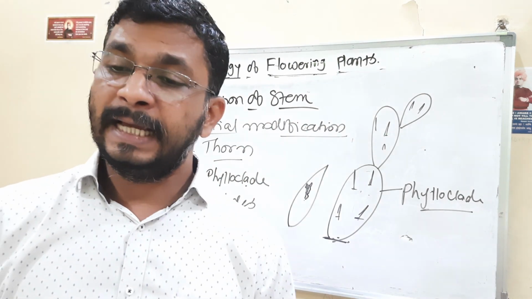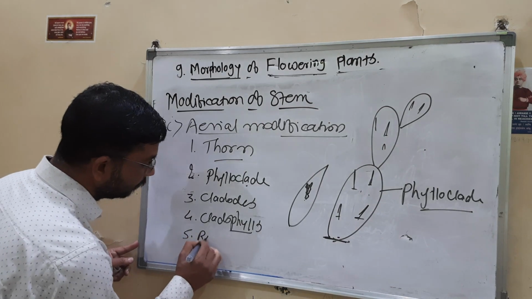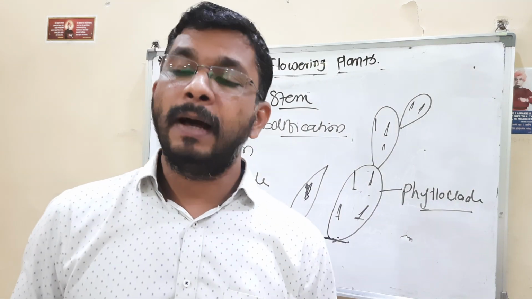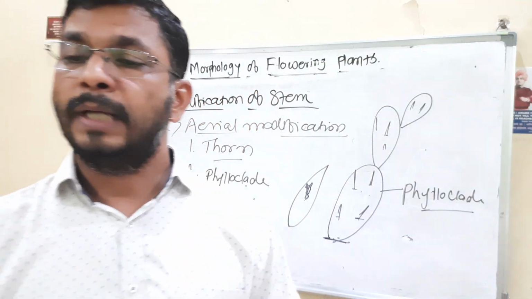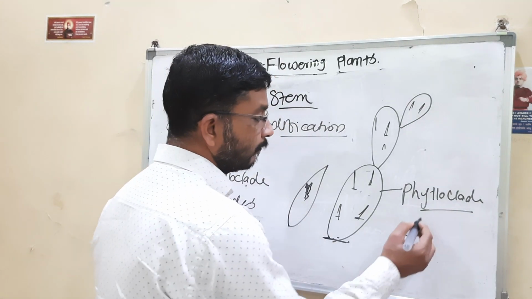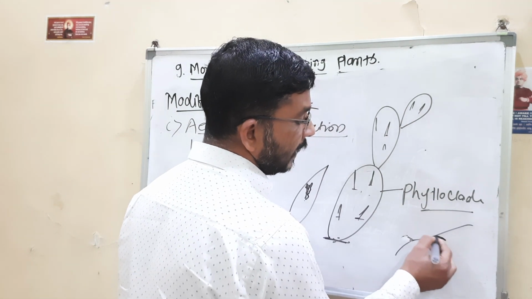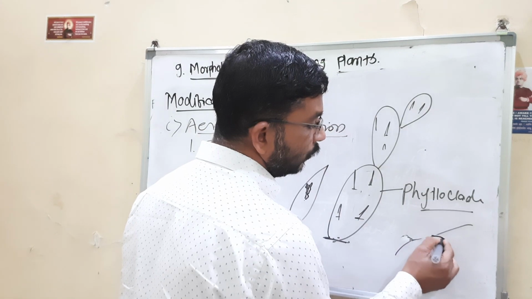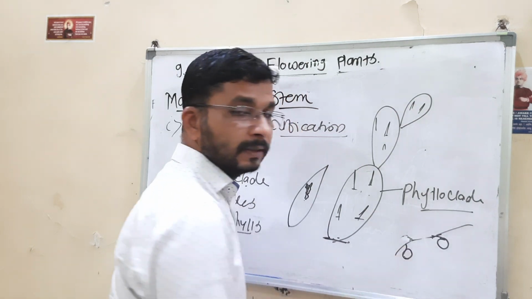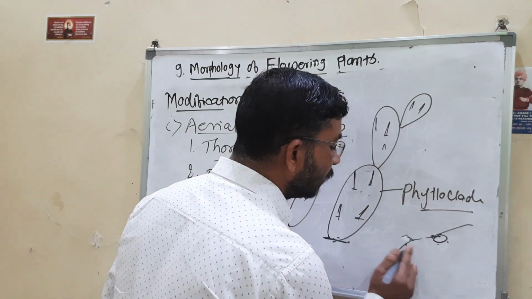Then last is bulbils. What is that? Bulbils in plants like Dioscorea, where axillary buds become fleshy. Here, this is the branch and this is the axis. This axillary bud converts into this kind of structure, which is called a bulbil.